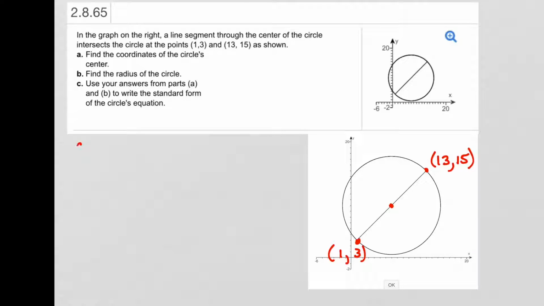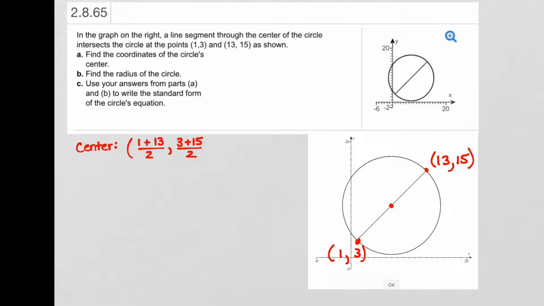All right, so our center then is going to be 1 plus 13 over 2, comma, 3 plus 15 over 2.